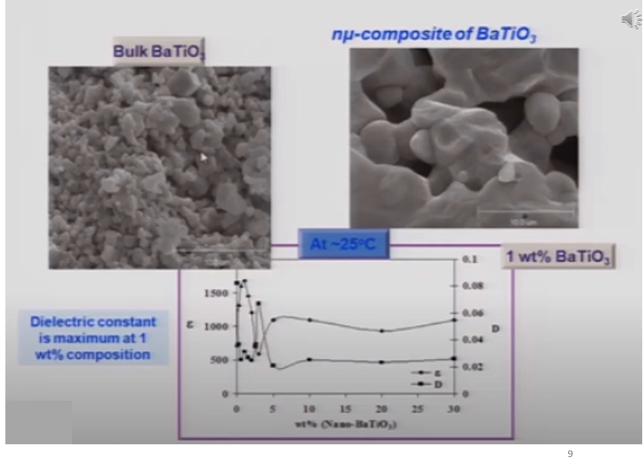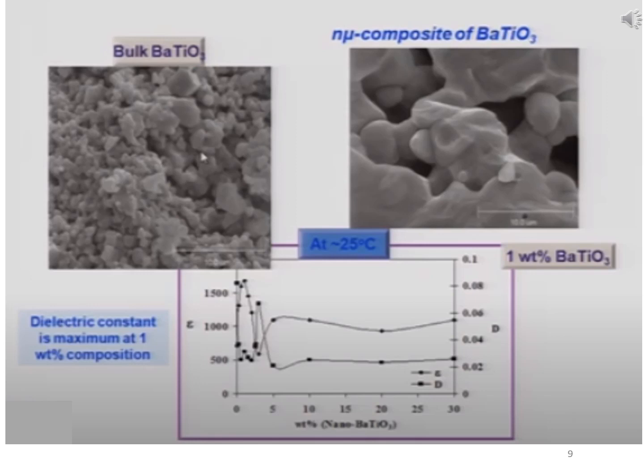So epsilon here is the dielectric constant, and it is plotted as a function of the weight percent of nanoparticles. You can add 1%, 2%, 5%, and so on, as shown here up to 30%.